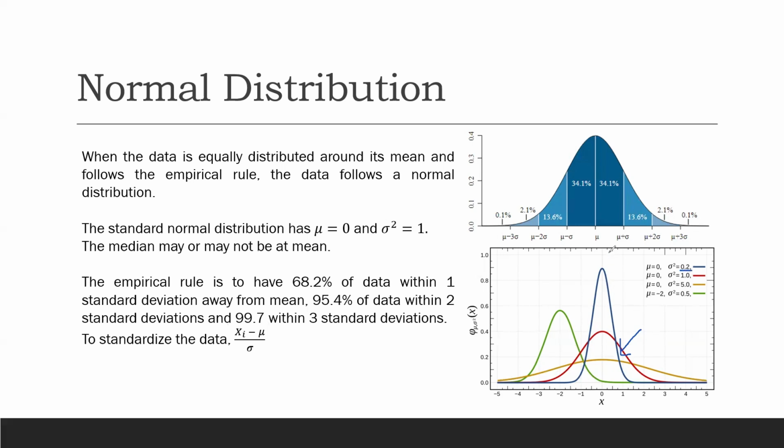You will have a peak. The values are more centered. And what happens if the variance is around 5? The values are totally spread. So the higher the variance, the higher the scatteredness. The lower the variance, the lower the scatteredness.